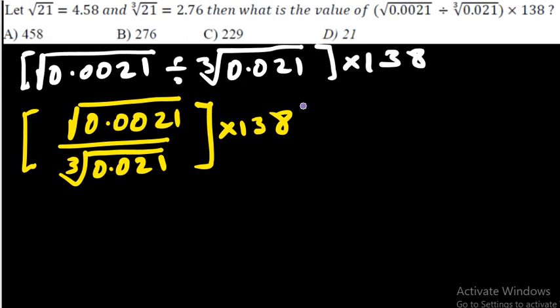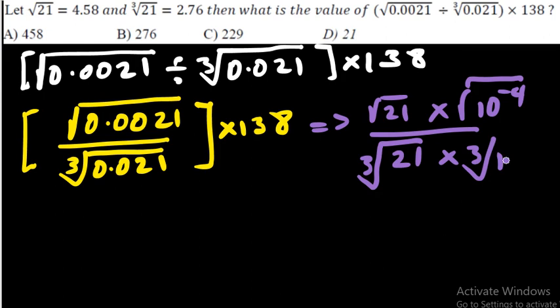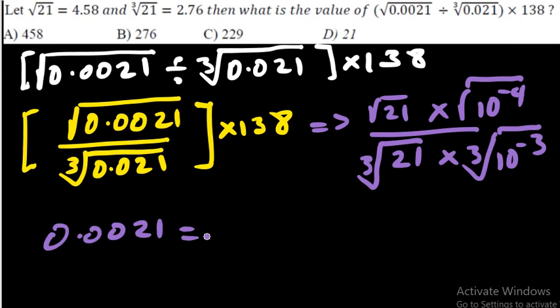This is the same as the square root of 21 times 10 to the power of negative 4, the whole over the cube root of 21 multiplied with the cube root of 10 to the power of negative 3. What did I do? 0.0021 means 21 times 10 to the power of negative 4.